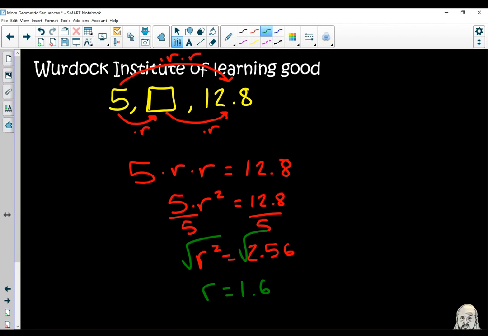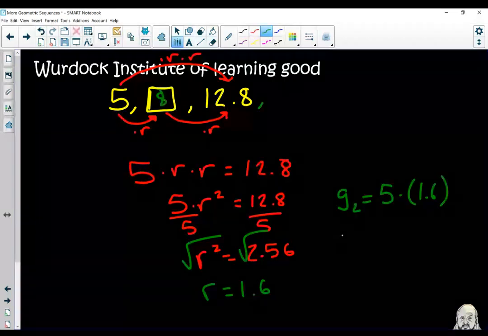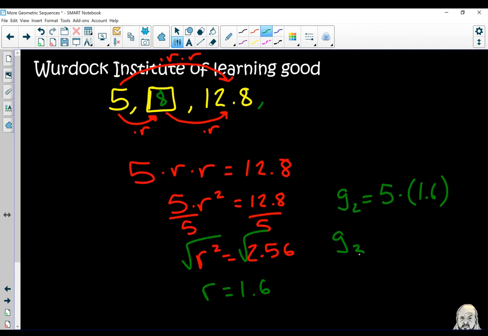So now to see what the second term is, I'll take 5. G sub 2 is equal to my first term times my constant ratio, 1.6. That's 8. And if I take 8 and multiply by 1.6 again, I get 12.8. Everything checks out. And I can continue then to figure out these future missing terms.